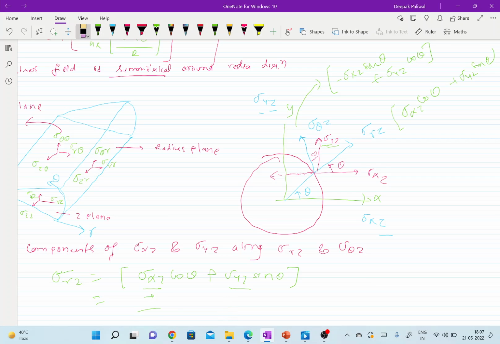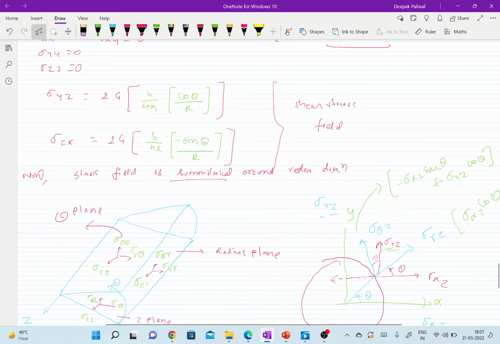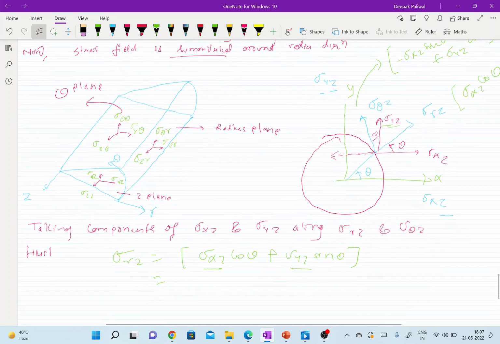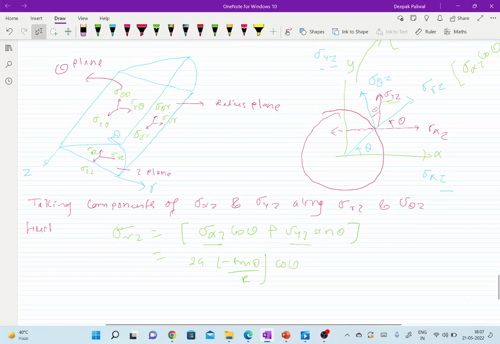Let me write in the polar coordinates. For sigma xz we have minus sin theta by r. This is 2gb by 4 pi times minus sin theta by r cos theta, plus 2gb by 4 pi cos theta by r sin theta.